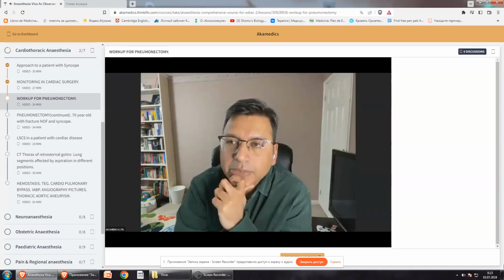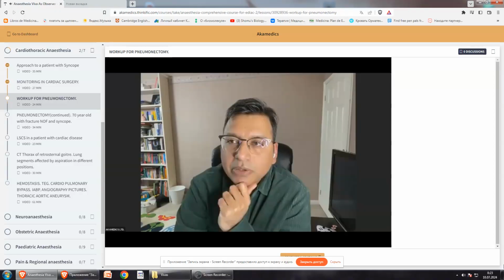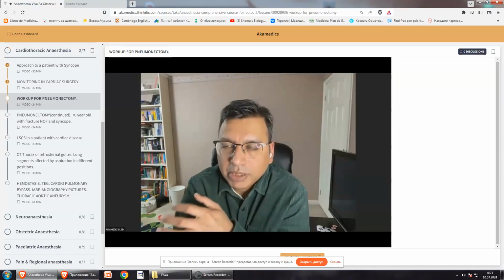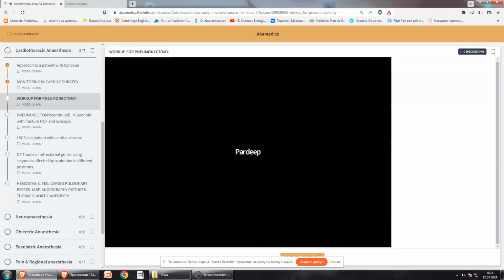Why does it worsen the hypoxia? Because we are ventilating only one lung, the other lung is non-functioning, and this is a pathological lung. The lung which is non-dependent is the pathological lung. It doesn't have a great reserve anyway, right?